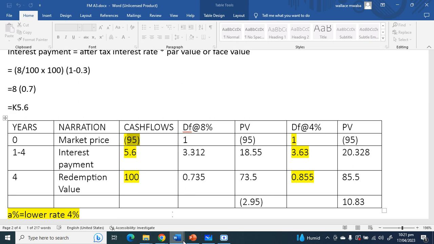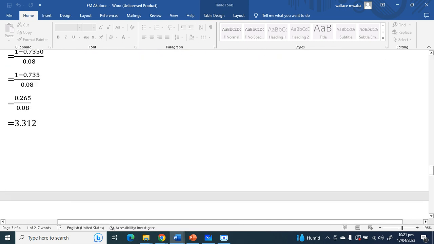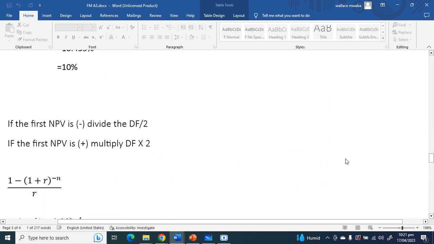Let's see. When the net present value is positive, we tend to forget those rules. If our net present value is positive, use 20 or any discount factor around that area, because with the internal rate of return, you need two net present values.